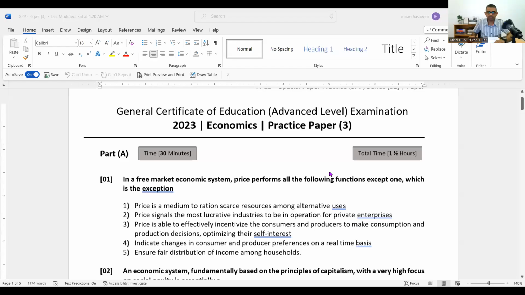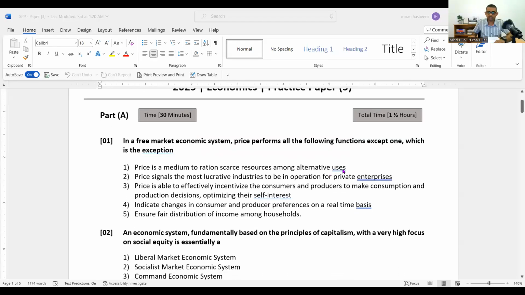And hopefully you guys got the PDF of the suggested answers, which was posted in your revision WhatsApp group. I think we are ready to go. So let me share the paper with you guys and we'll start discussing the MCQ questions. By now, all of you should be getting a very clear view of the multiple choice paper.